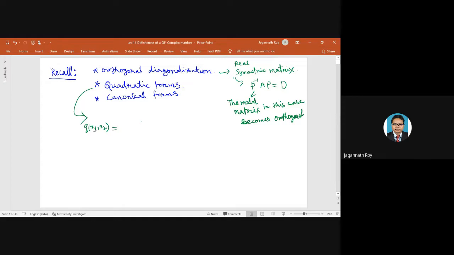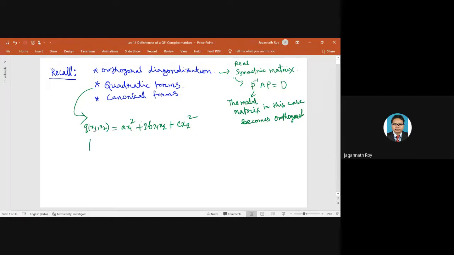For example, a x1 square plus b x1 x2 plus c x2 square, and we can write here 2.